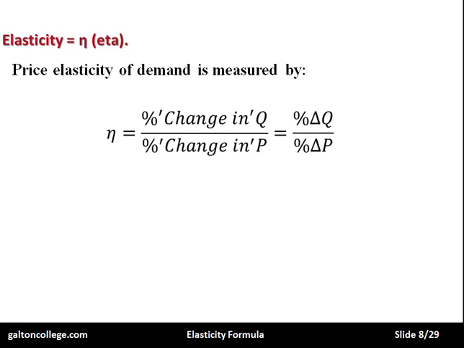And we write this on the right hand side here as the percentage and a little triangle. That means delta, more Greek letters. Delta stands for the change in. So if we read it, it's percentage delta Q divided by percentage delta P. If we want to interpret the delta, as we should do, we'd say it's percentage change in quantity divided by the percentage change in price, because the delta just stands for change in.